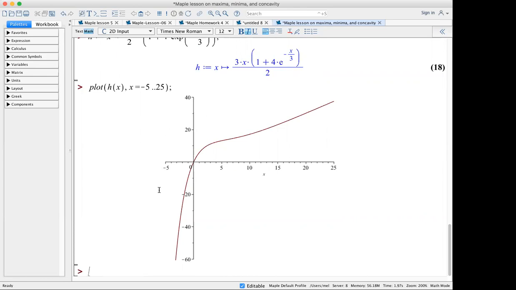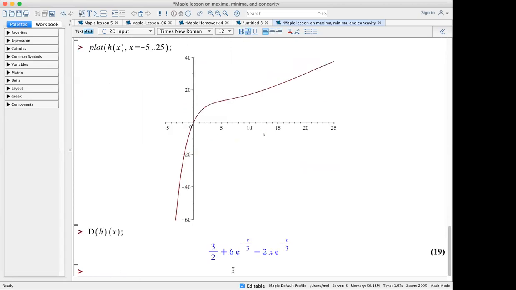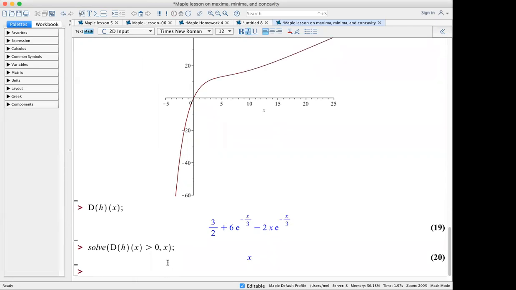Okay. Where is it increasing? Where is it decreasing? So what is the derivative of the function? It's equal to that. So suppose we want to know where is the function increasing? That's where the derivative is greater than 0.